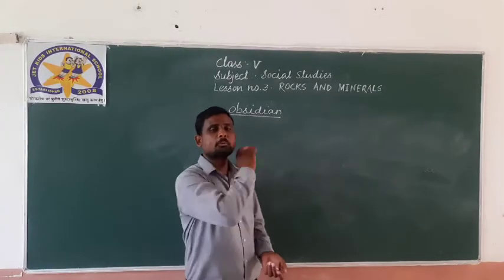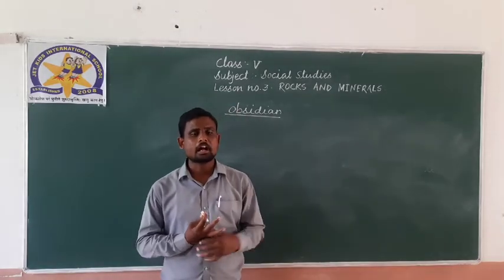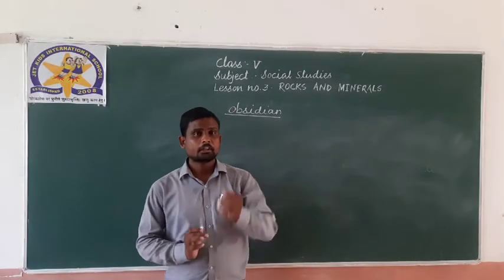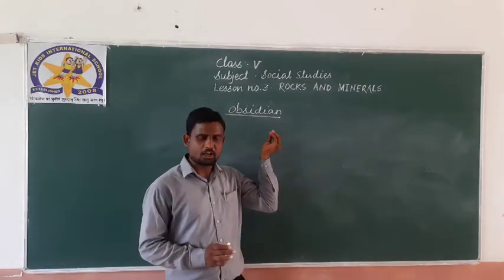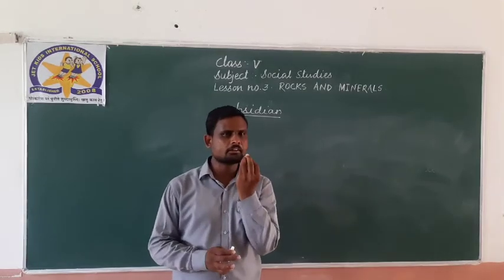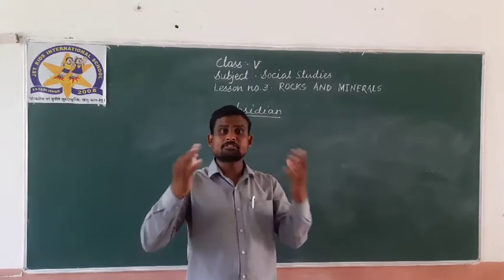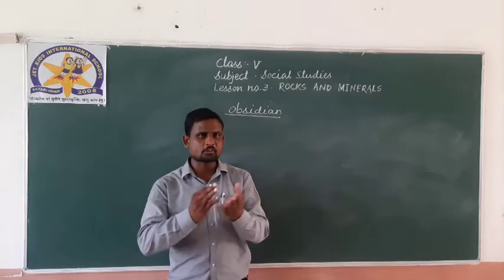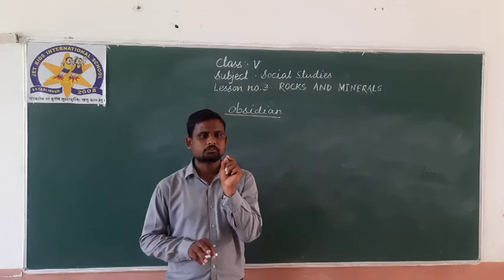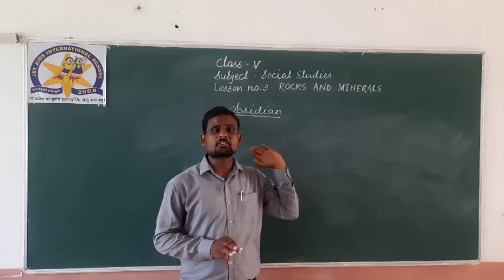And it is used for making ornaments. Different types of ornaments are made with the help of this obsidian rock. And if this obsidian rock breaks into pieces, suppose the obsidian rock falls on the floor and breaks, then the pieces of that obsidian rock are very shiny.